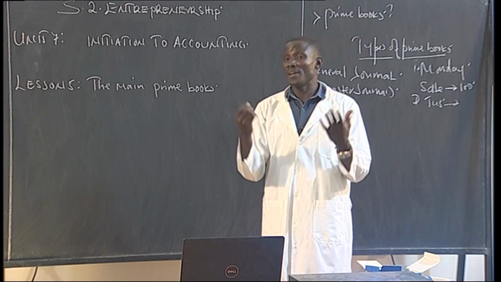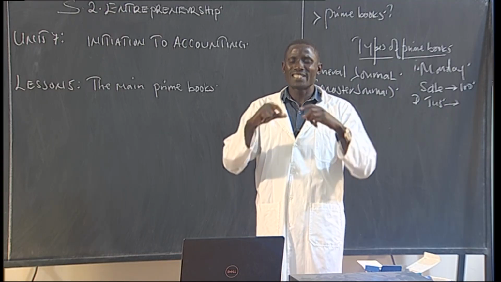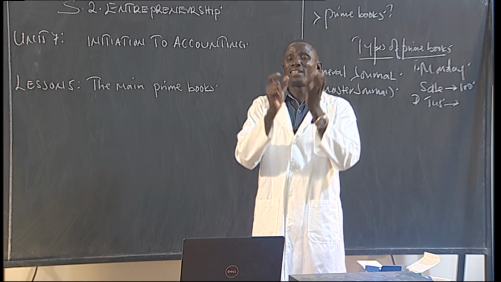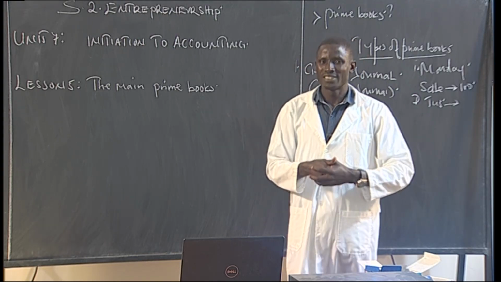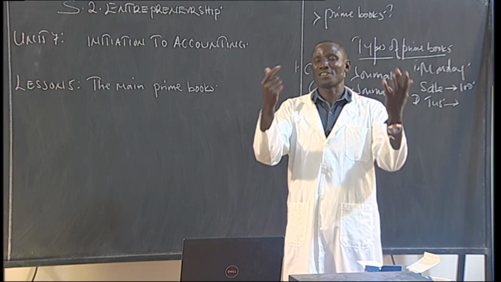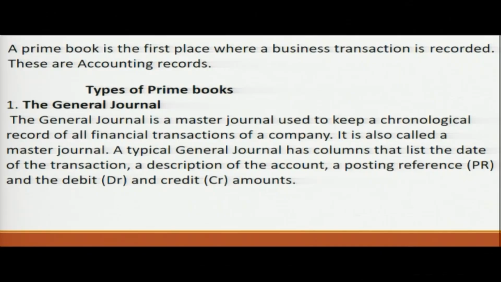Why? Typically the general journal has columns that list the dates of the transactions, describes the account, what we call PR, posting reference, and again, it is having debit and credit amounts. Isn't it? That is what we call a general journal.